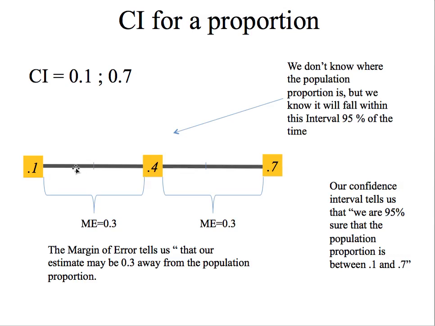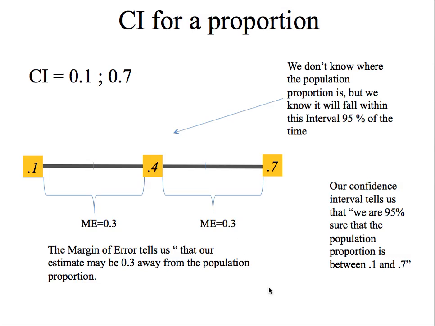Now, that includes pretty much the entire range, right? That's accurate, but it's not really precise. We have a large margin of error here. We can be 30 percentage points away from the real population proportion.